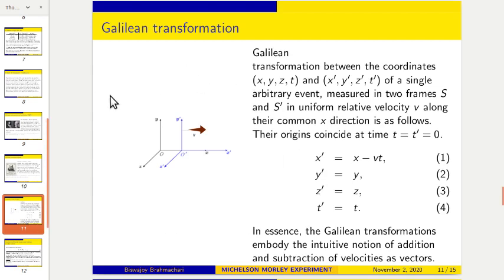There are two reference frames. One is the XYZ frame, another is the X dash Y dash Z dash frame. The primed frame is moving with a velocity v with respect to the unprimed frame XYZ, such that the origin is moving along the x-axis with velocity v.